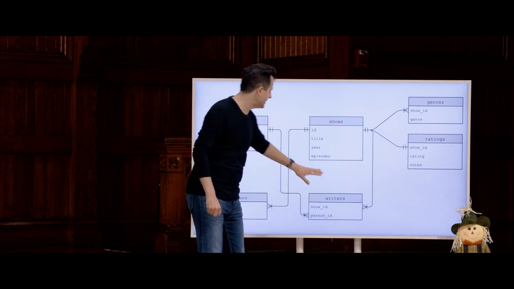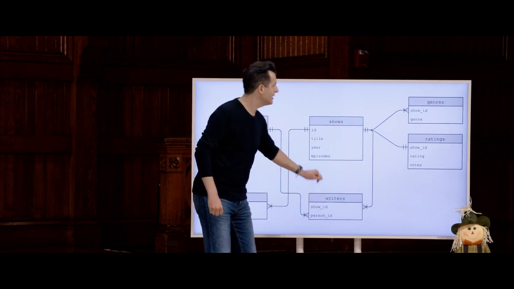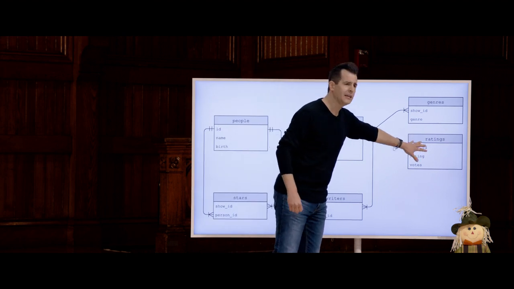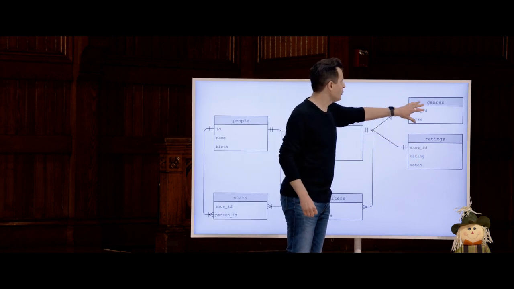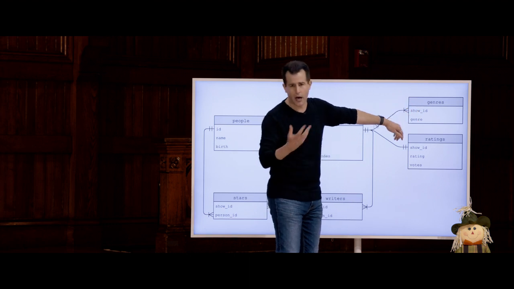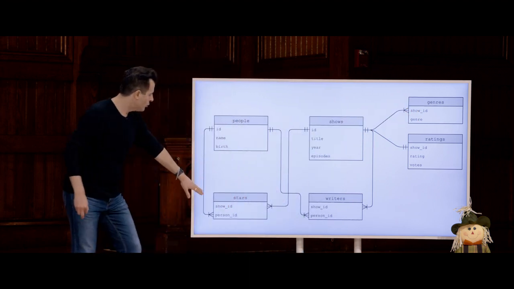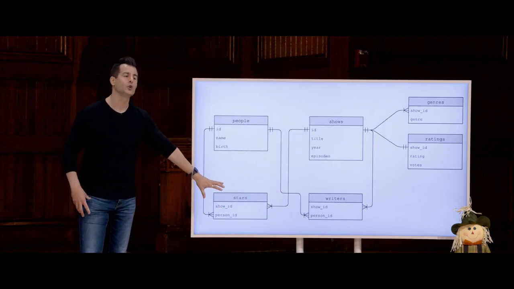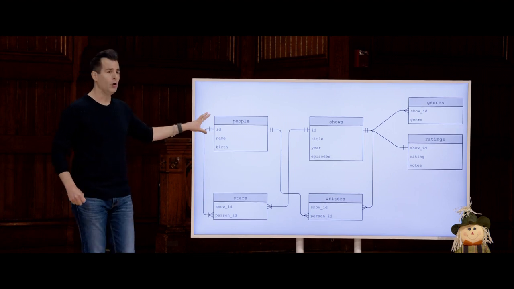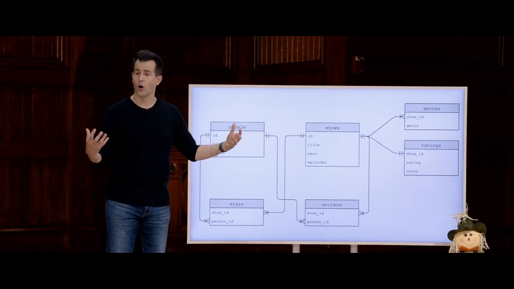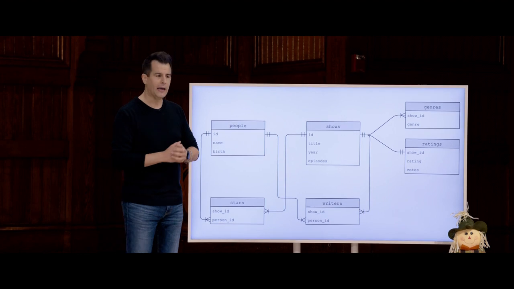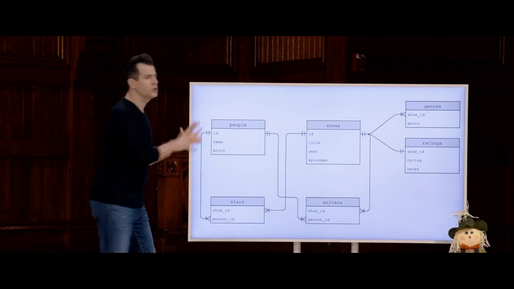There's going to be a dedicated table for writers in that industry, for the ratings of shows, for the genres to which shows belong, comedy and the like. And then lastly, there's going to be this table which somehow associates people with the TV shows that they star in, and vice versa. And so let's consider first what this looks like in code.